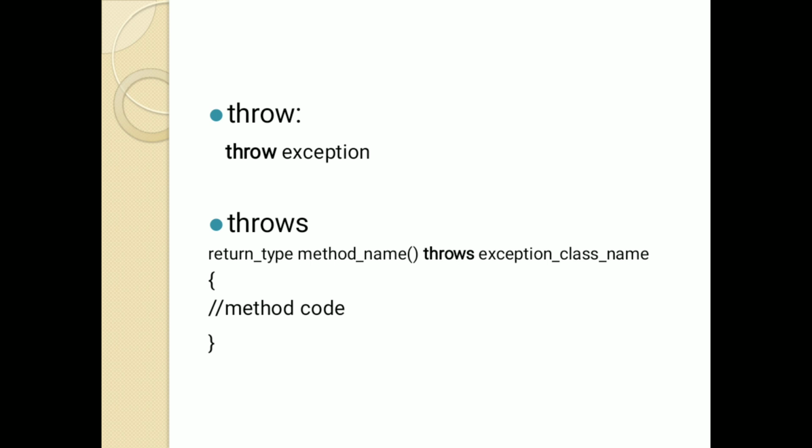If we are expecting an exception to be raised, then the method name is followed by the throws keyword and the exception class name, which is the exception type we are expecting, and the method code is written as all methods are written.